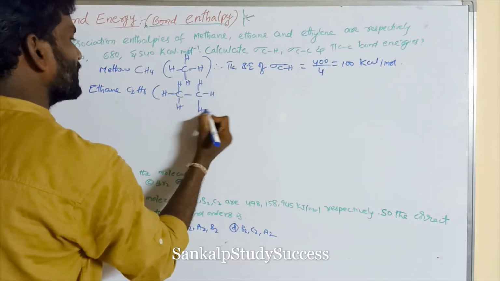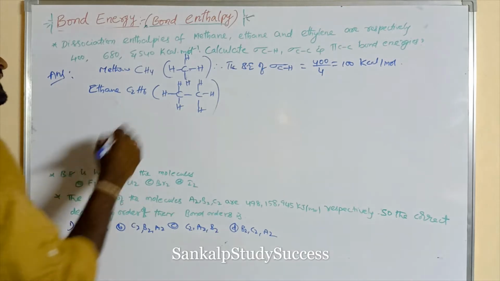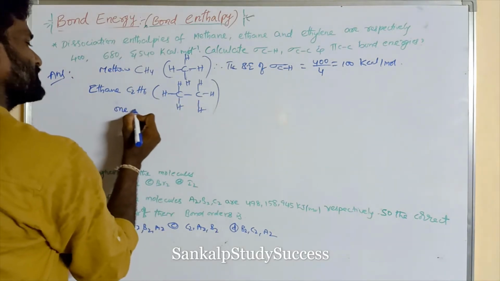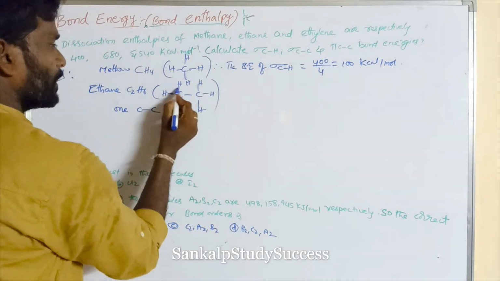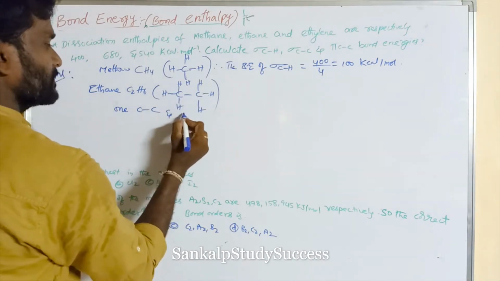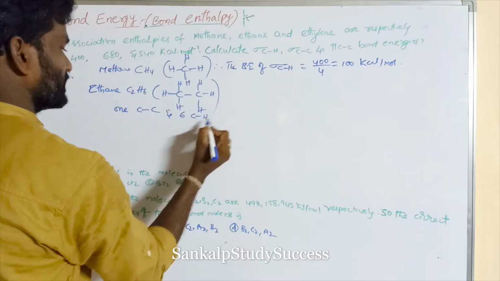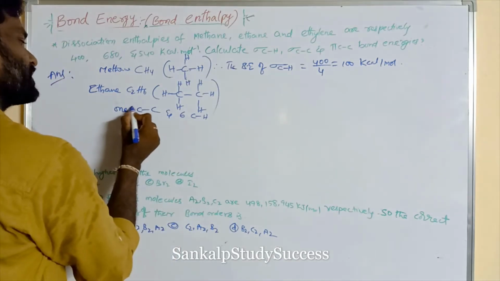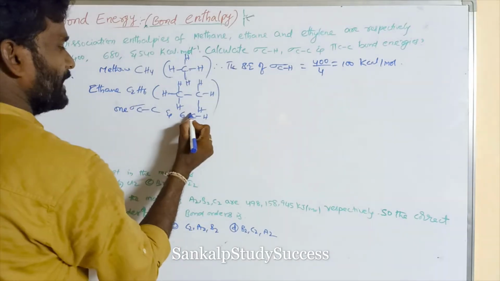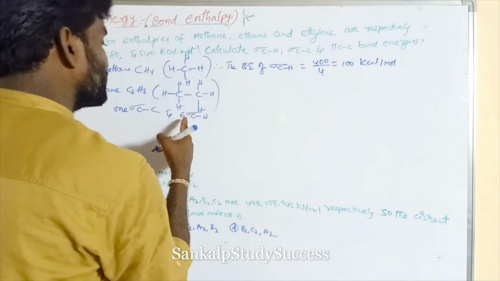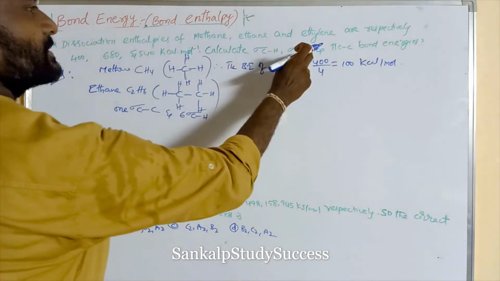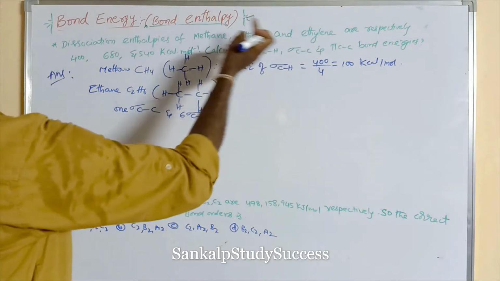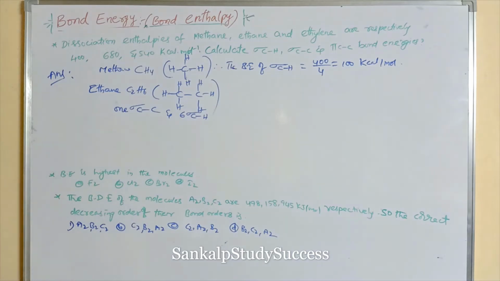So it contains one sigma C-C and 6 sigma C-H bonds. But we want the bond energy of sigma C-C of ethane.